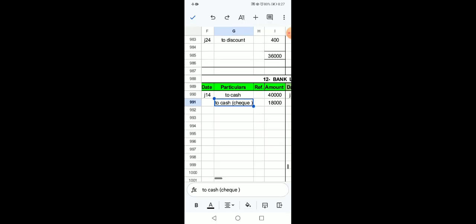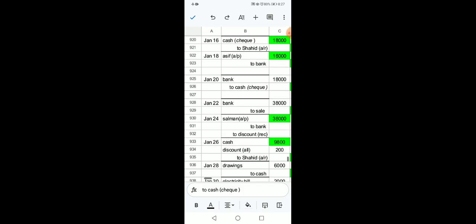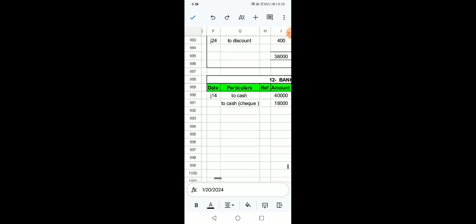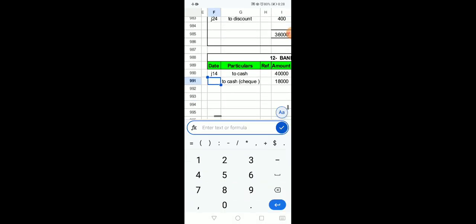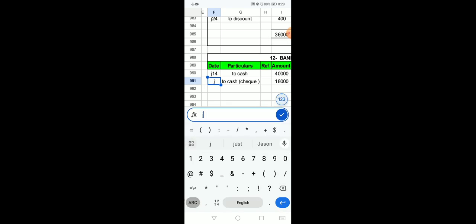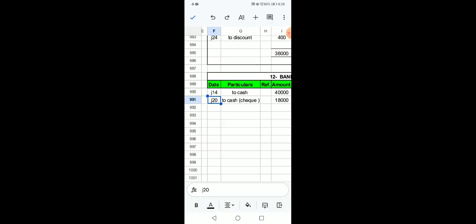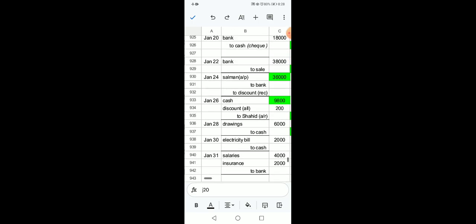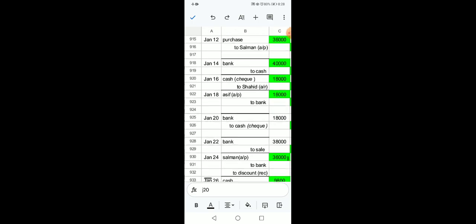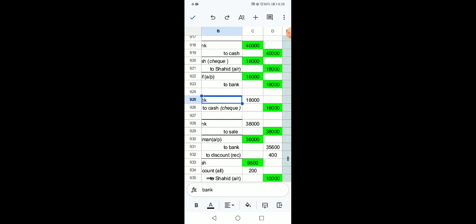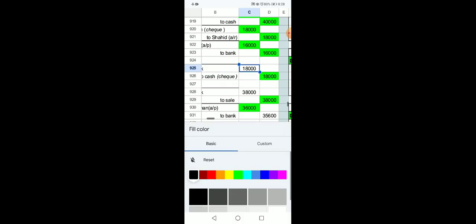Now let's see what was the date, January 20. So put the date beside this transaction, January 20. Bank is debited, posting completed, mark it as it has been done.